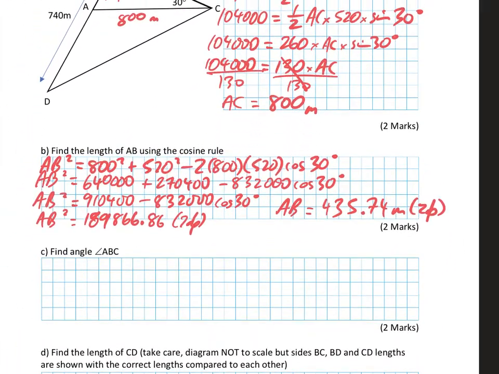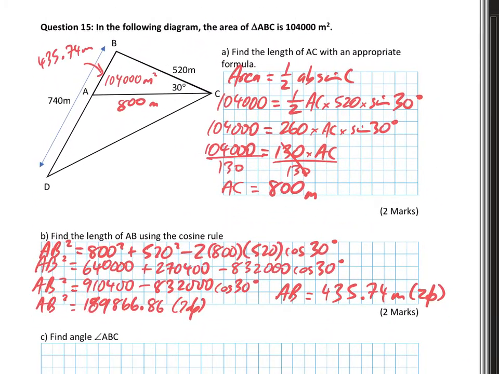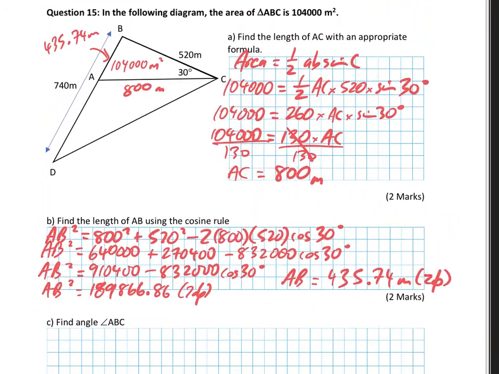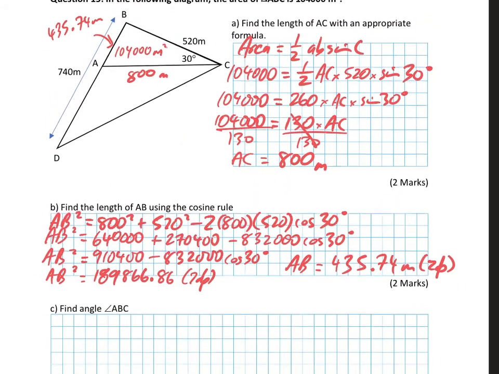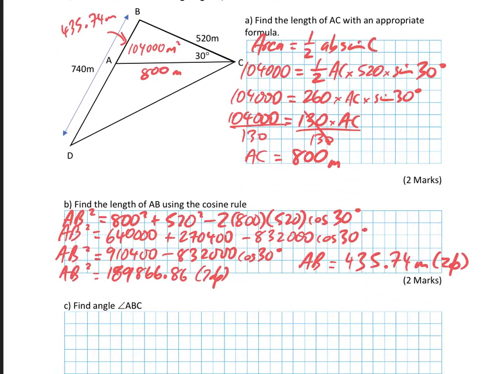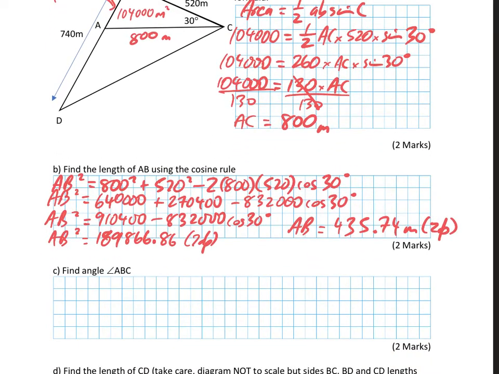Find angle ABC. So we're finding this angle here. We know this side, we know that side. The angle we're trying to find is in between, so that's going to be a cosine rule situation. We know the side opposite the angle as well.